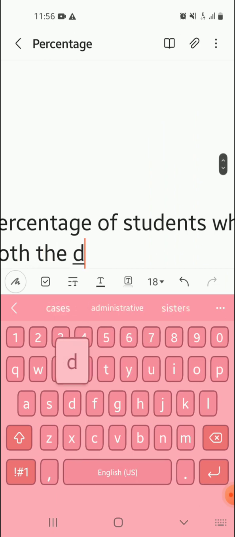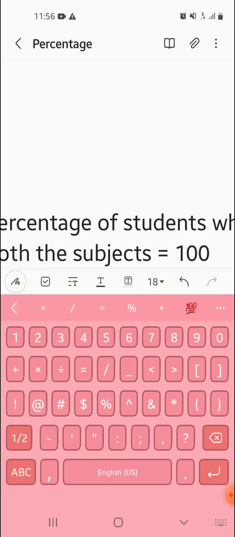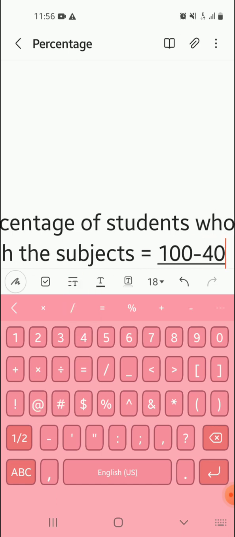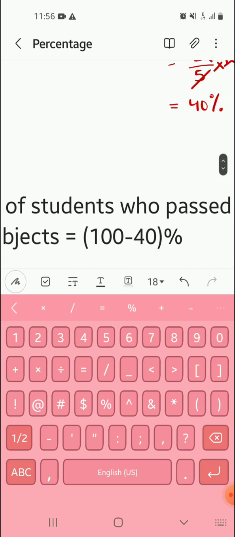It is very easy because the percentage of students who failed in at least one subject is 40%. Therefore, 100 minus 40, we get 60. So it's very simple. The answer is 60%.